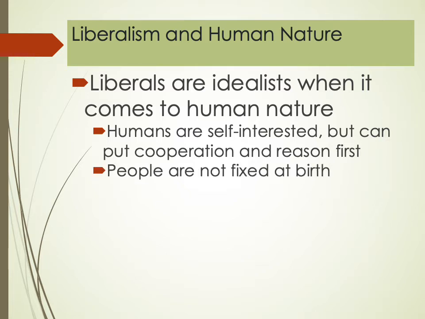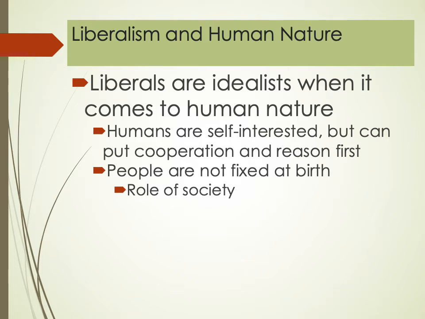And that relates to the belief that liberals have that people are not as fixed at birth as conservatives think that they are. While conservatives view innate traits as running really deep, liberals see people as not as fixed at birth, and that society plays a role in shaping who we are and who we become.